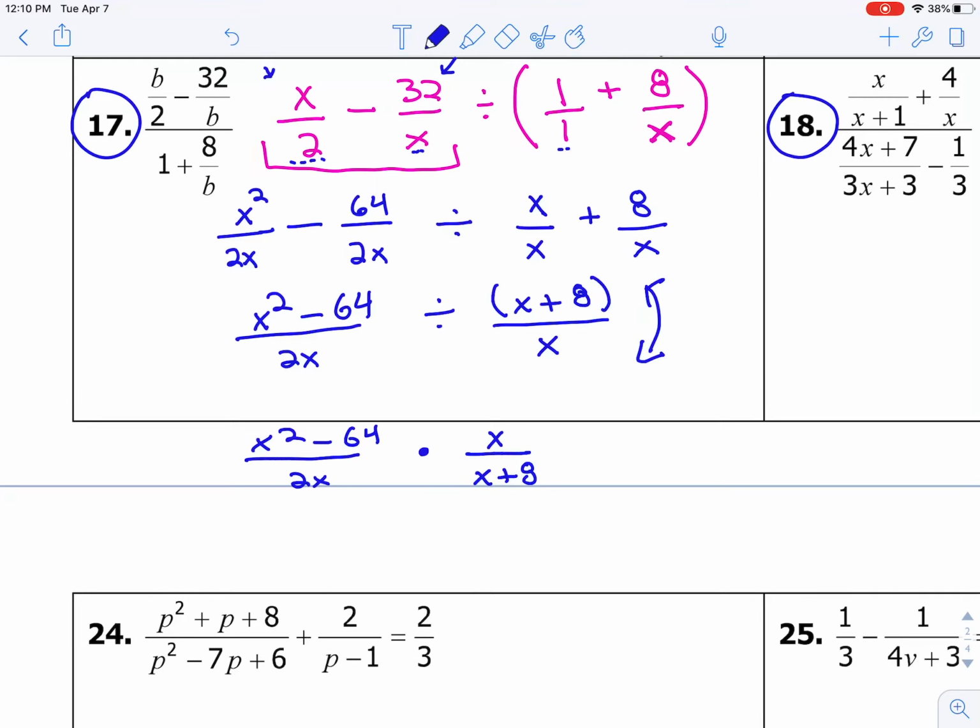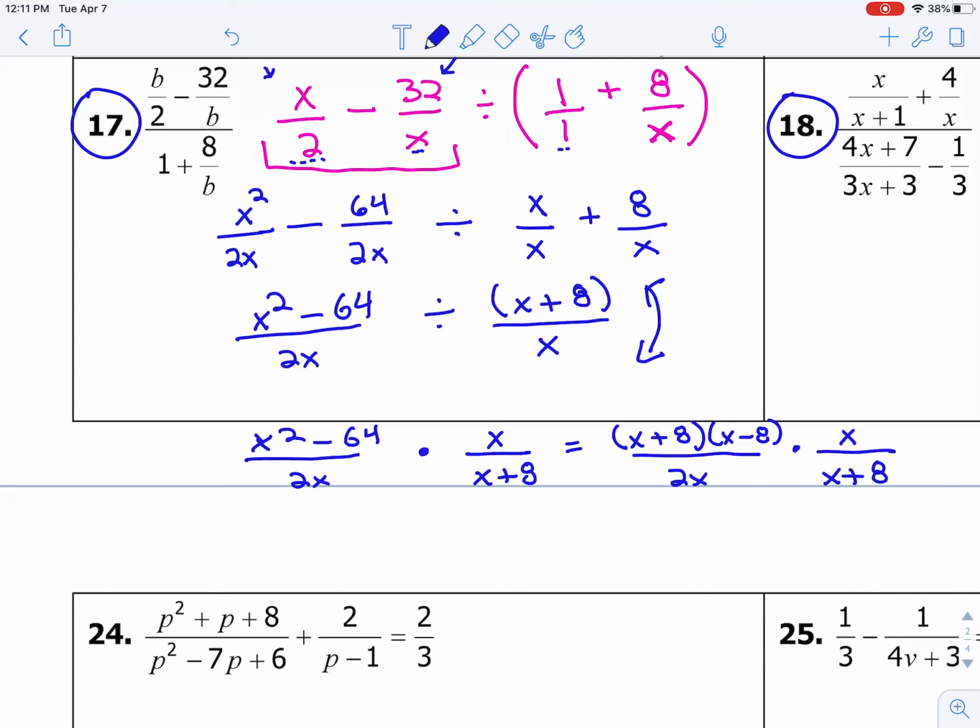At this point, it's a pretty simple problem, and I would want to factor whatever I could factor. So what can I factor? I can factor x squared minus 64, and I can factor that to x plus 8, x minus 8 over 2x times x over x plus 8.